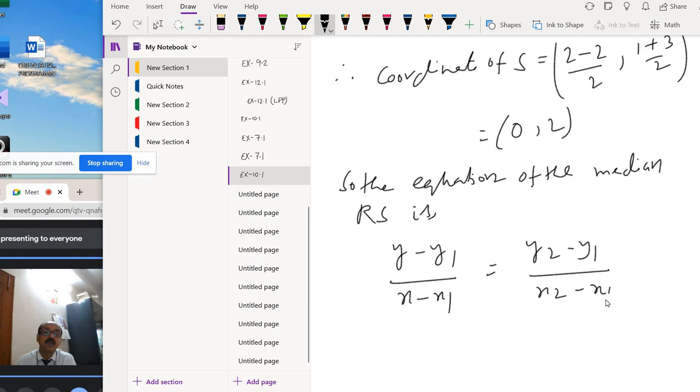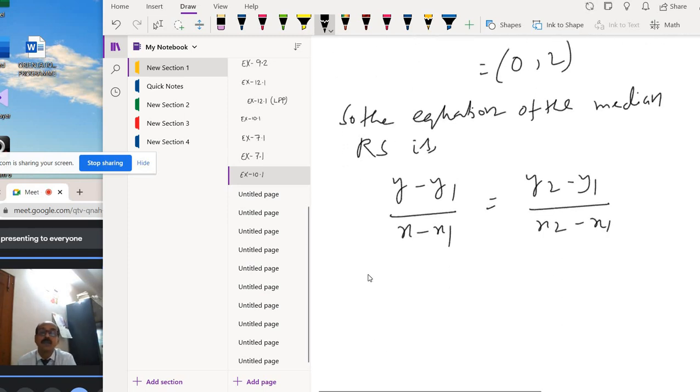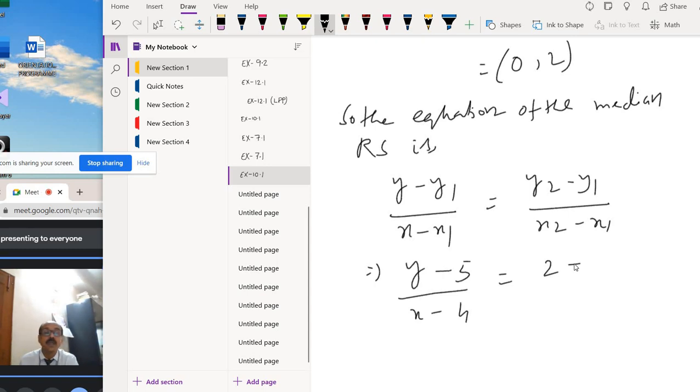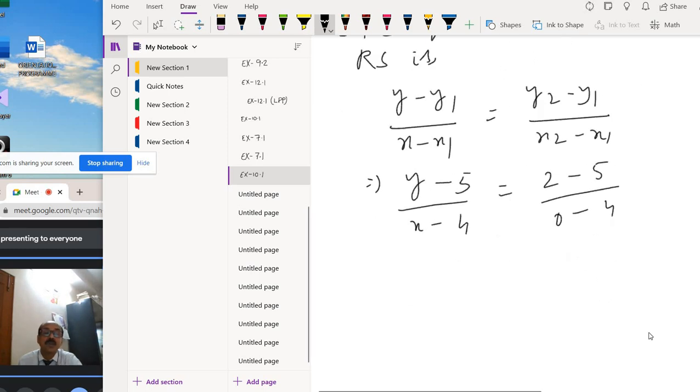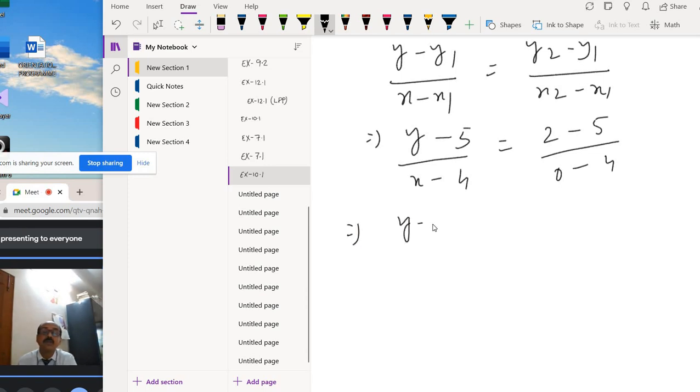Here y1 is 5, x1 is 4, y2 is 2, x2 is 0. So y minus 5 by x minus 4 equals minus 3 by minus 4, which is 3 by 4.